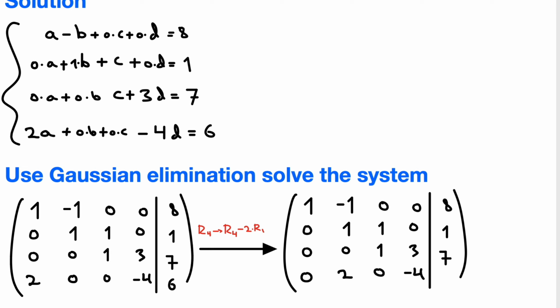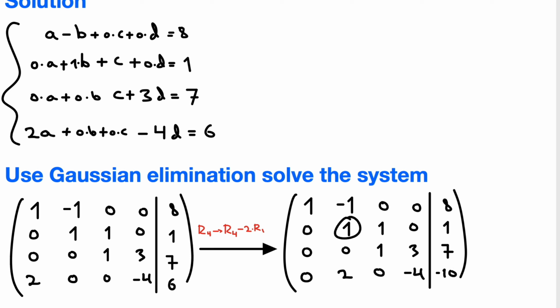And finally, in the last column, because we have to apply the operation also to the last column, we should have over here 6 minus 2 times 8, which is 6 minus 16, which is negative 10, if I'm not mistaken. And yeah, that looks correct. So negative 10.